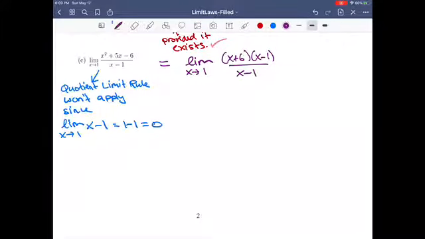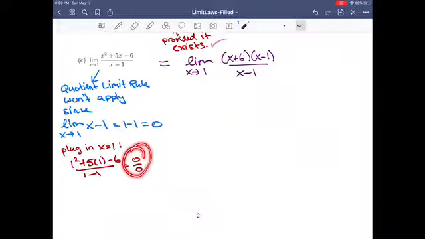Now notice if we had plugged in x equals 1 initially, we would have got 1 squared plus 5 times 1 minus 6 over 1 minus 1. We would have got 0 over 0. When you get 0 over 0, what this means is that you need to do more work.